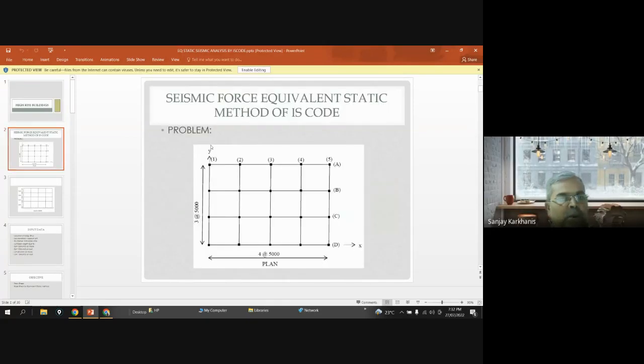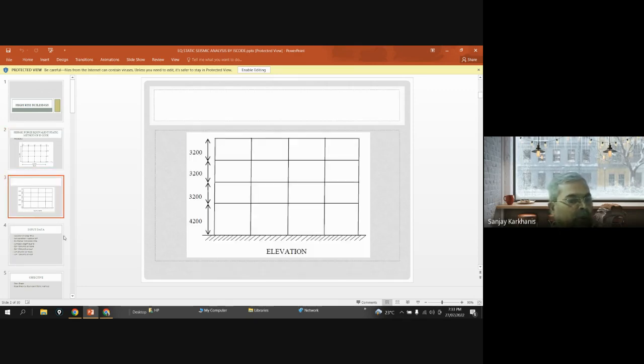So we were talking about this. I'm just going through a quick review. We were interested in finding out seismic analysis with the help of the equivalent static method, and we had understood the input. This is the input that we have: 20 meters in x direction and 15 meters in y direction, with all these cross sections. We have columns, and this is a panel, and this was the elevation.